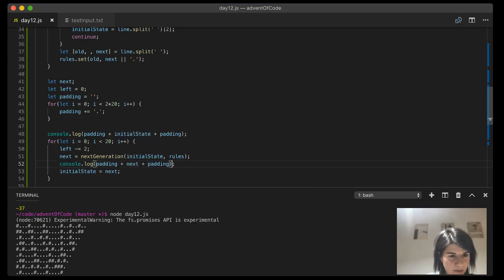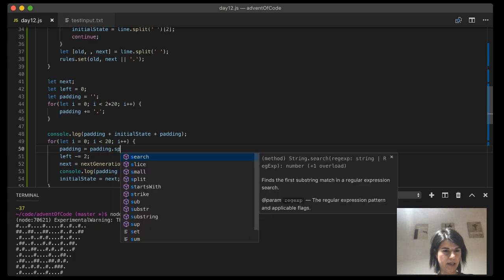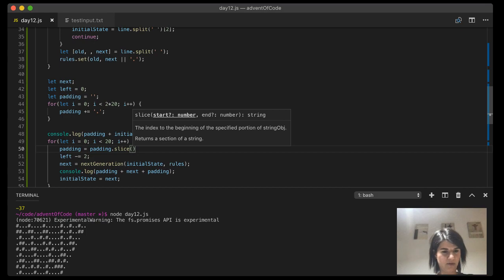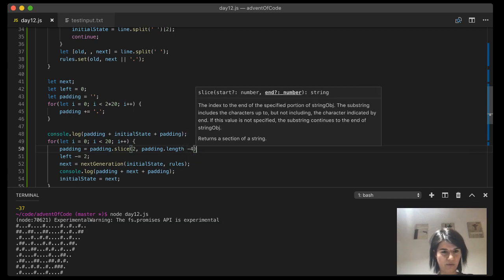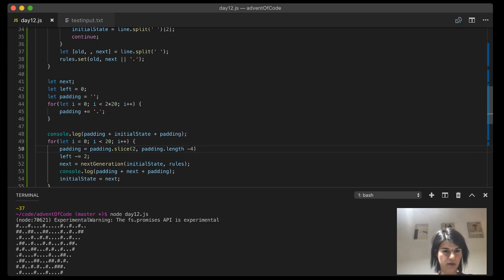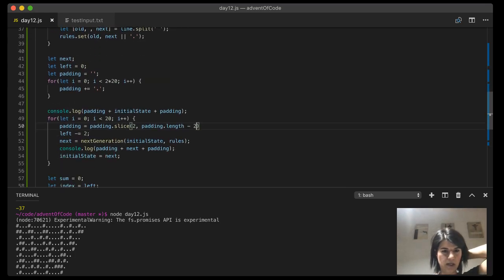So I'm printing those and I want padding equals the old padding.slice from 2 to padding.length minus 4. No, we want the endpoint here, right? How did that go from there to there?